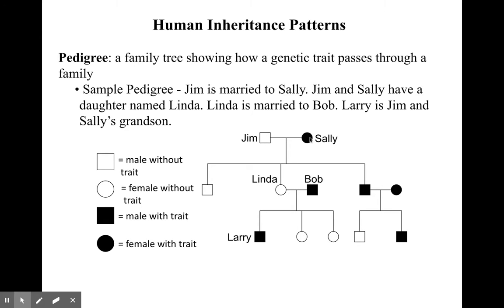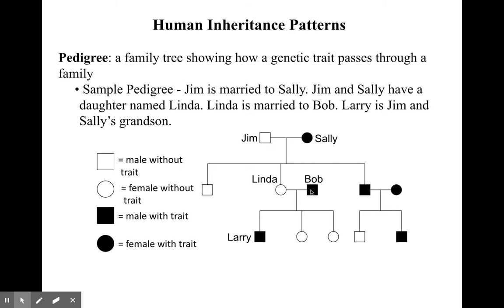So Jim and Sally had 3 children according to this pedigree. They had one boy, one girl named Linda, and another boy over here. So 2 parents, 3 children. Now, when you look at the children, this boy is not showing to have more children. He did not have children, did not get married, something. It's just still just there. But Linda married Bob.